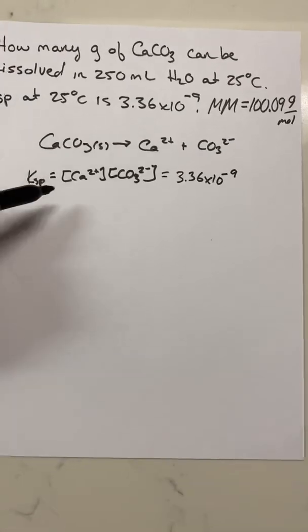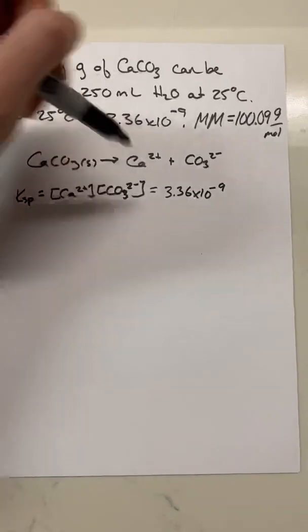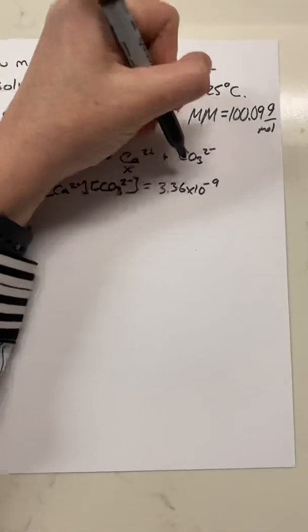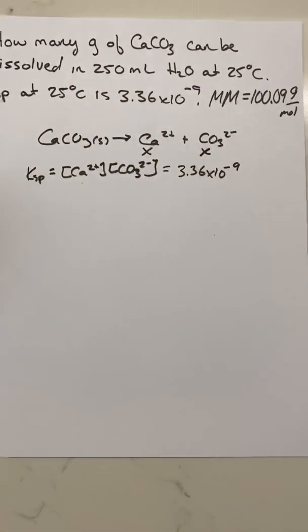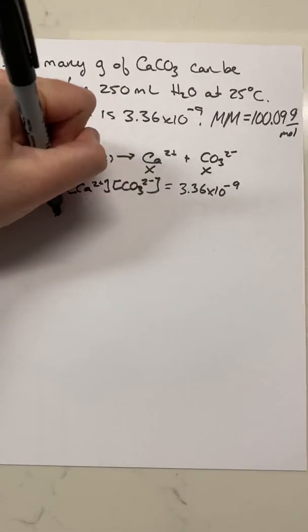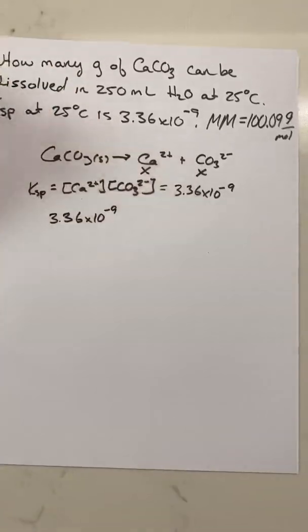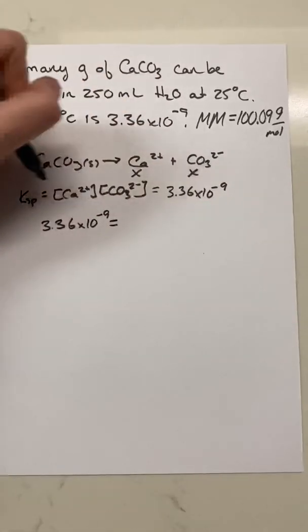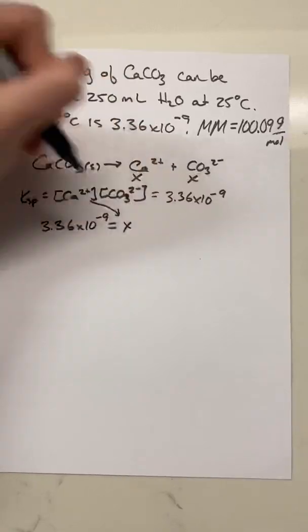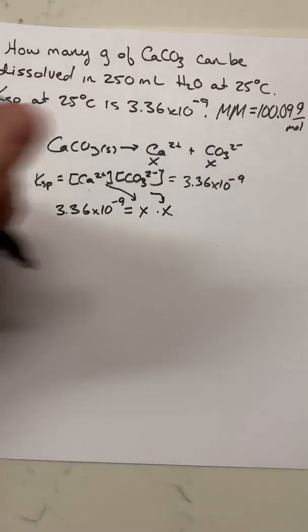But one thing we don't have is the concentrations here and here, but we know it's 1 to 1. So for every calcium, for example, we'd get 1 carbonate. So we can say that Ksp, that 3.36 times 10 to the negative 9, is equal to some x times another x, or x squared.